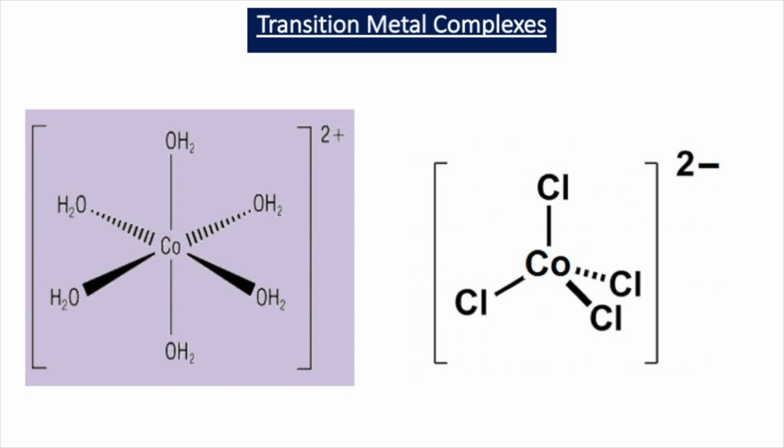During this lesson, we're going to learn that transition metal compounds are coloured because of the presence of these transition metal complexes. It's these complexes that give transition metals their different colours. And in this lesson we're going to look at examples of transition metal complexes and explore the reasons why different transition metal complexes have different colours.